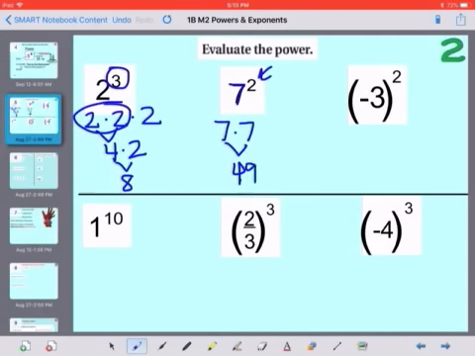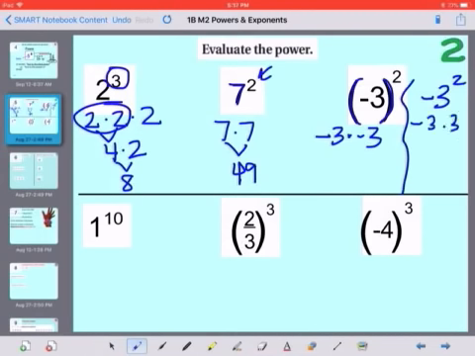Then third, we have negative 3 to the power of 2 in parentheses. This is different than the negative of 3 to the power of 2. Notice this one, the negative 3 is in parentheses. That means you're writing everything inside the parentheses 2 times. So this one would be negative 3 times negative 3, whereas this one over here is the opposite, or negative, and then you're just doing the 3 2 times.